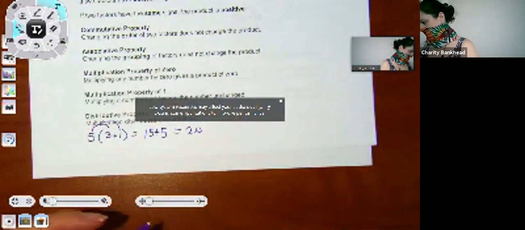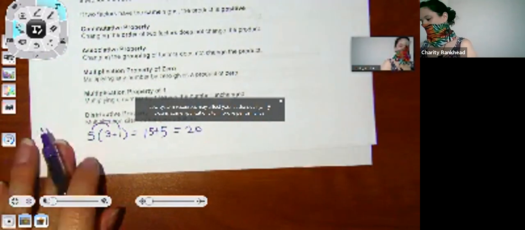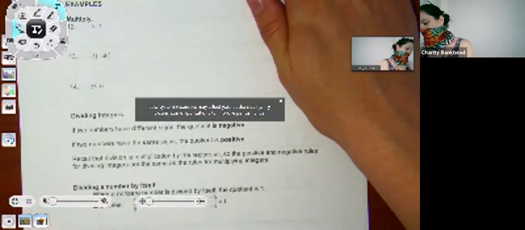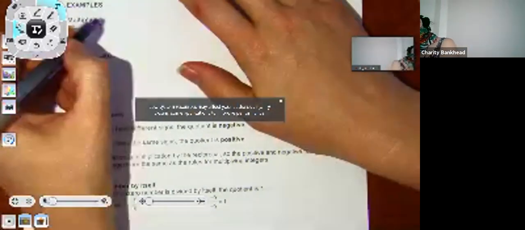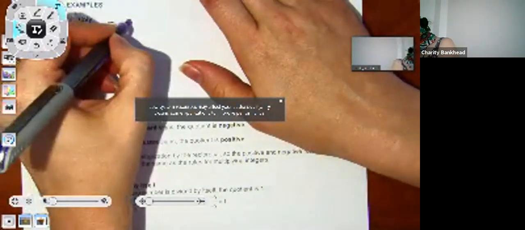So that's one way of doing that. For example, let's multiply negative 5 times 7. Negative 35.